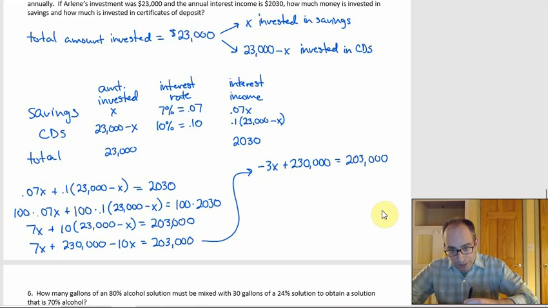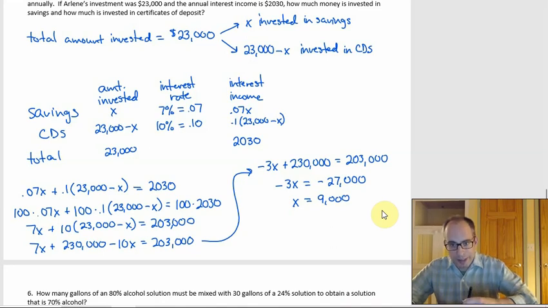I've got to try to conserve space here a little, because I wrote that table way too big. But if you subtract 230,000 from both sides, you get that negative 3x is equal to negative 27,000. And then if you divide both sides by negative 3, you would then get that x is equal to 9,000.